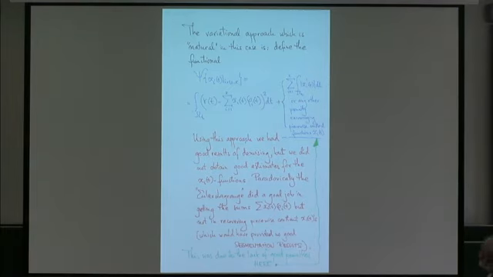Now, what happened is that we can get very good results of denoising, and we did for many examples, but we did not have a good estimation for the xi functions.